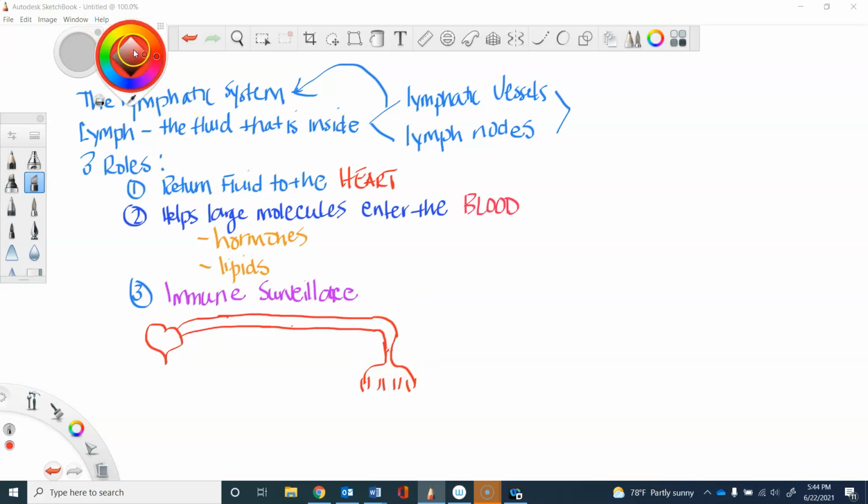All right, and once they go into the capillary beds, within the capillary beds, they're going to provide nutrient exchange.